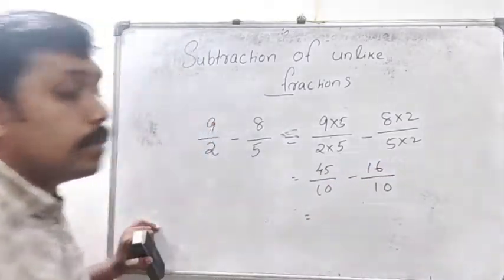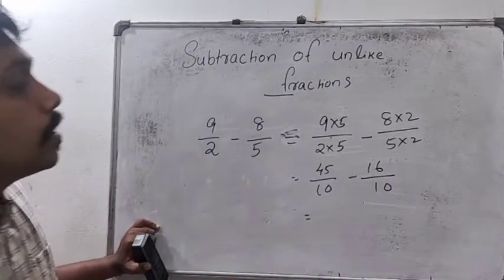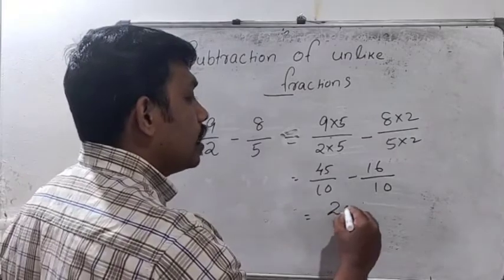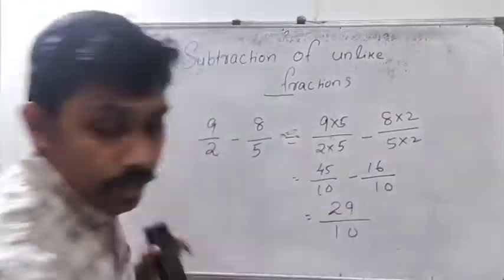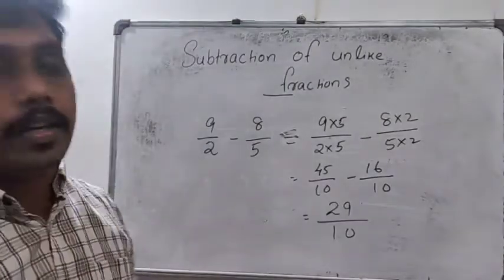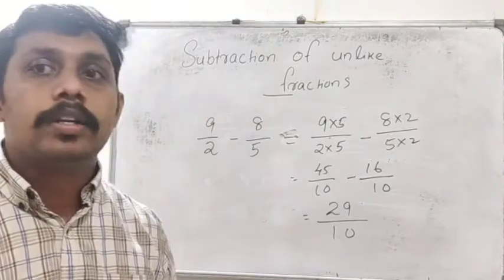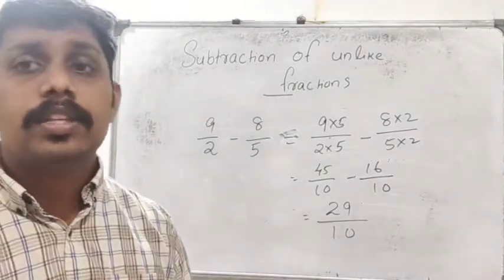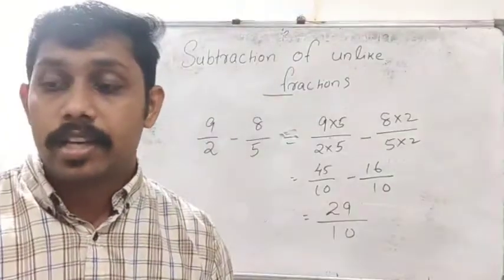Then we will subtract. We get the answer. What is the answer? 29 divided by 10. So this is an improper fraction. We can make this into what? Mixed fraction. So this is how to subtract unlike fractions.